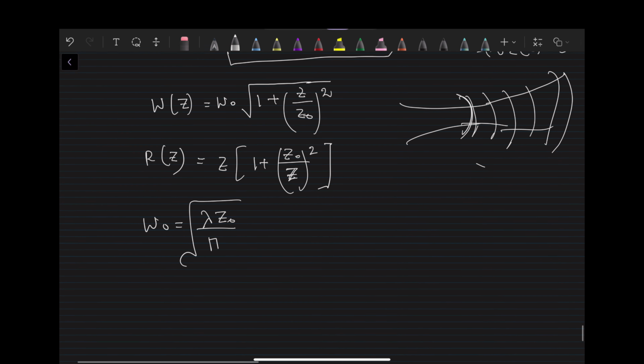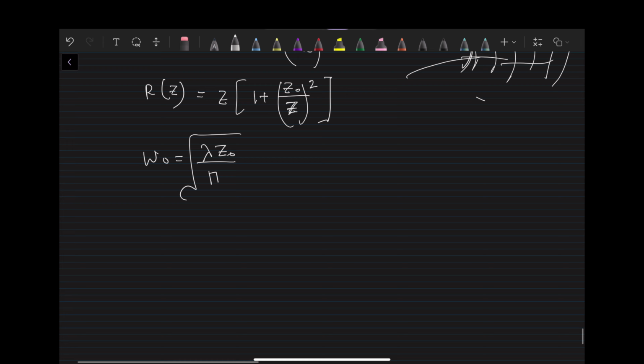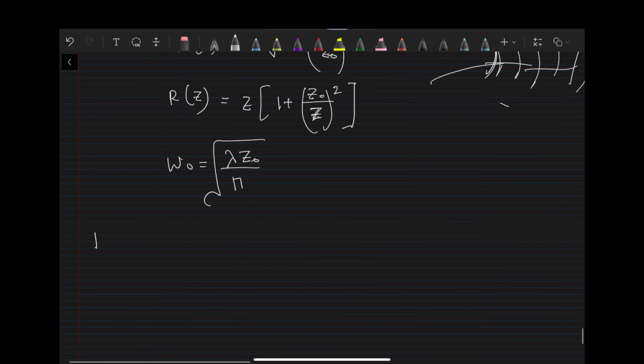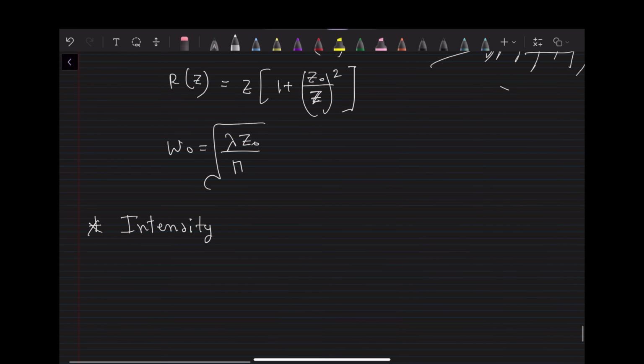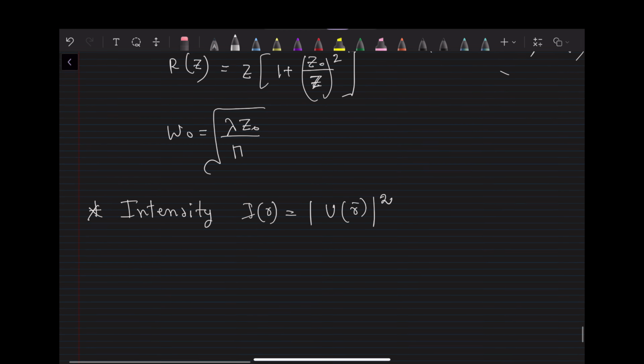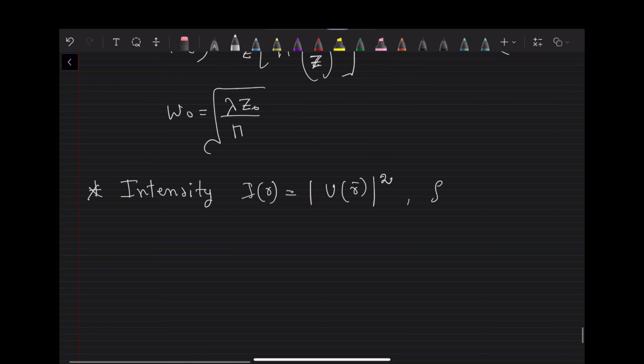One of the main properties, of course, is intensity. That's something we can measure, and intensity is nothing but the square of the field, right? And we have rho squared as x squared plus y squared.